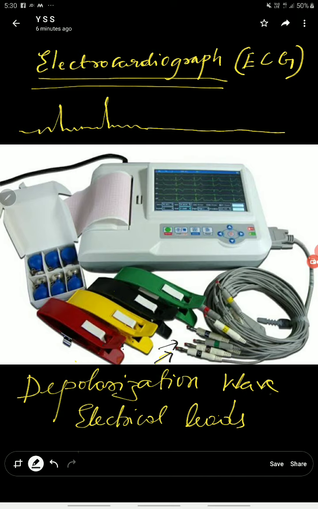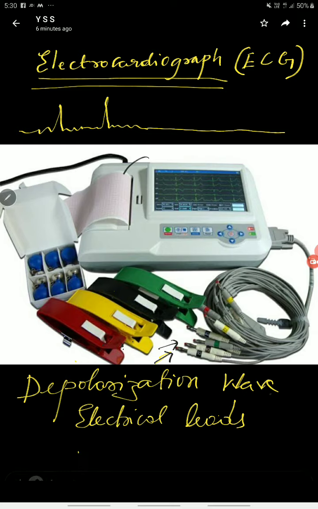Electrocardiograph is the machine which records the electrical activity of our heart. It is the machine which I have shown you in the photograph, a typical equipment which records the electrical activity of the heart. And the electrical activity of the heart in terms of its contraction and relaxation is recorded in the form of a graph.